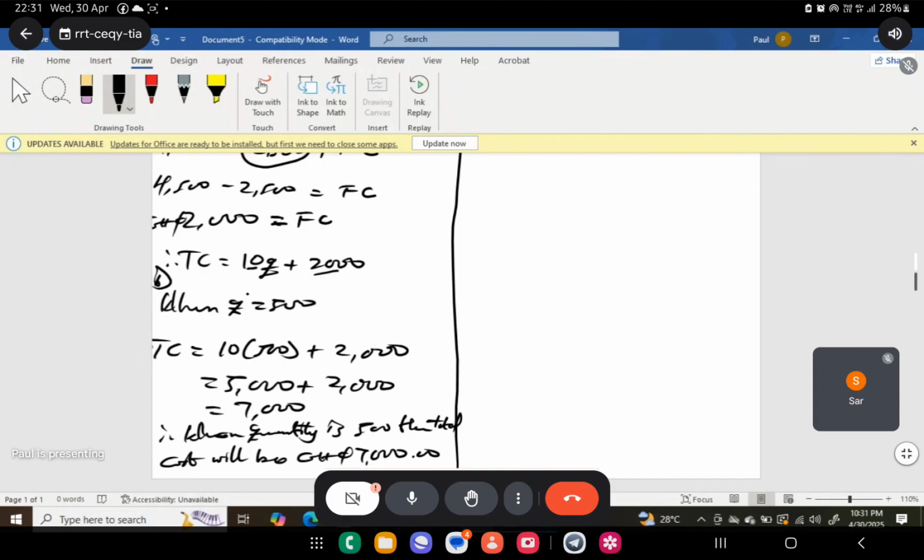So when you replace the Q by 500 in the function, then you find the total cost. Therefore, when 500 cartons are produced, the total cost is 7,000. Please, you understand?